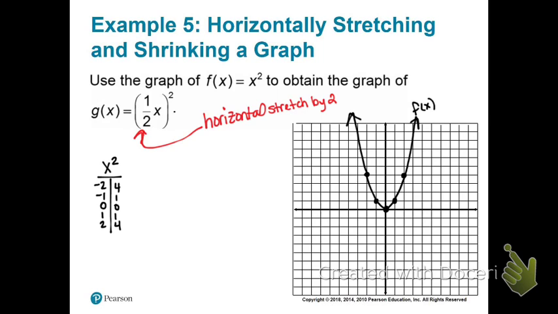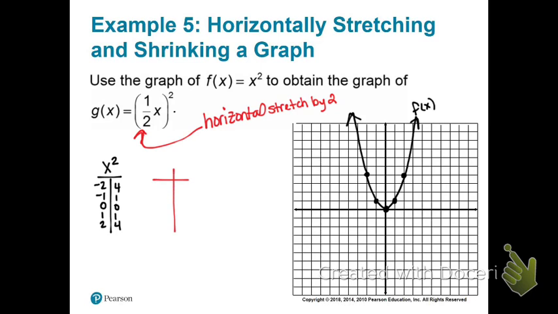If I horizontally stretch something, so now I'm going to take the balloon from the horizontal, from the left and the right, and I'm going to stretch it outwards. What's going to happen to that balloon? Is it going to get wider or more narrow? Wider. It's going to get wider if I'm stretching it out from the left and the right. So I expect this graph to get wider, but let's see.